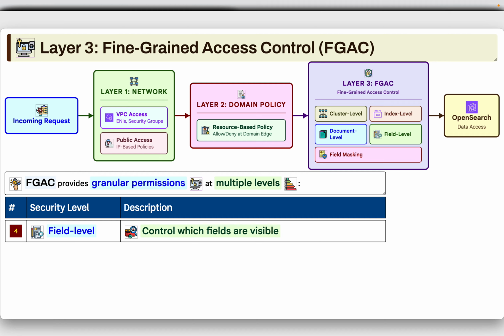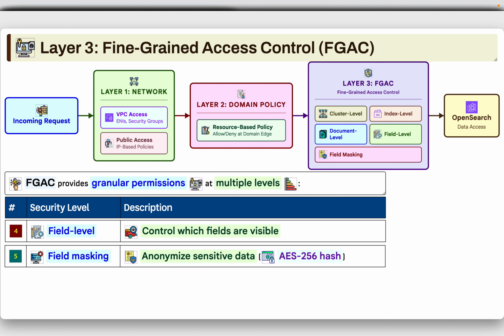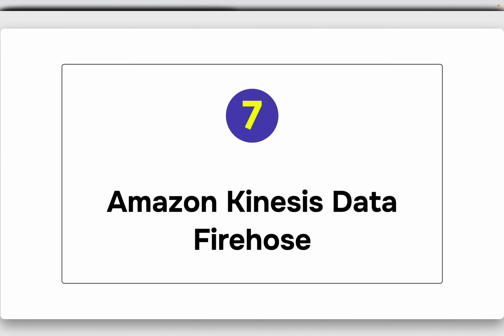Field level. So this level controls which fields within documents are visible to specific roles. So when we are talking documents, basically it's like a JSON document. Then we have field masking. This level anonymizes sensitive data using AES 256 hash to protect confidential information.